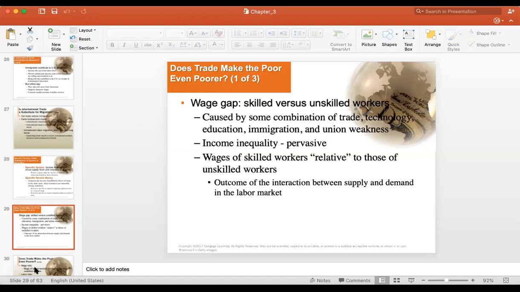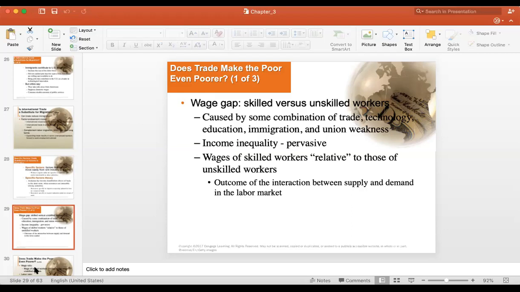Now, there are a lot of pundits, especially in the media, who happen to be against trade, who will probably tell you that the culprit for all of this is basically trade. Trade is the reason, trade is the cause. If we didn't have trade, then we wouldn't have this wage gap. And the answer obviously is, that's not true.